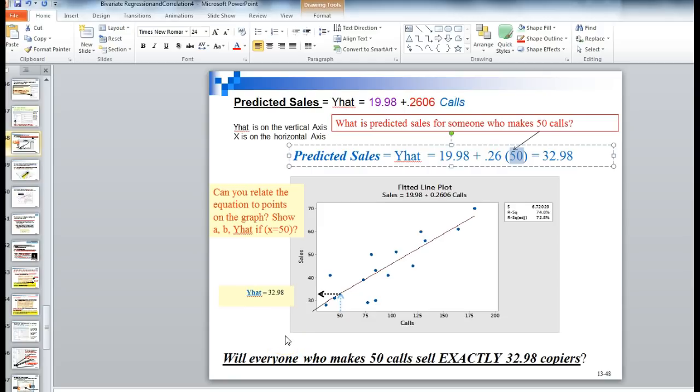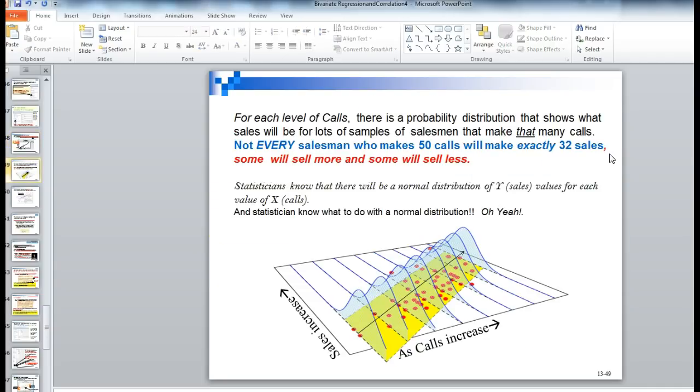But now what we want to address is the question of, will everyone who makes 50 calls sell 32.98 copiers? Will every broker or every salesperson who makes 50 calls sell exactly 32 copiers? Probably not. Statisticians don't know exactly the number, but they can tell you with 95% confident limits how much those guys will sell.